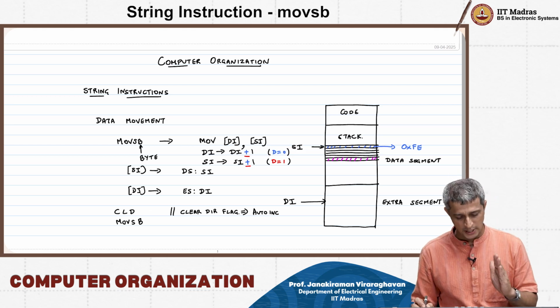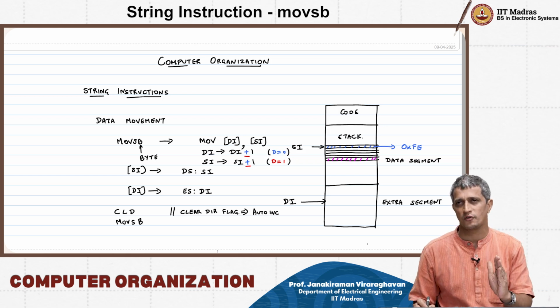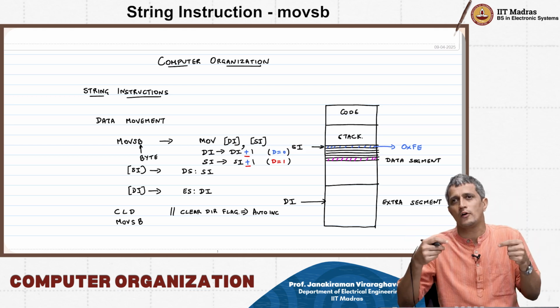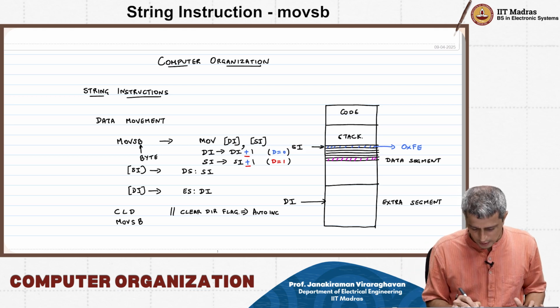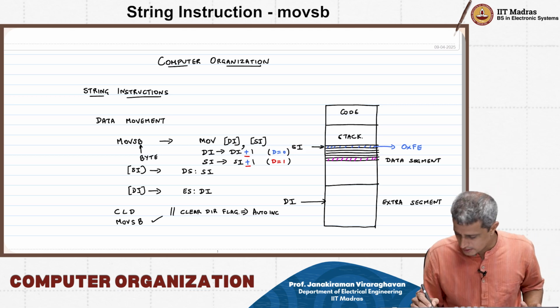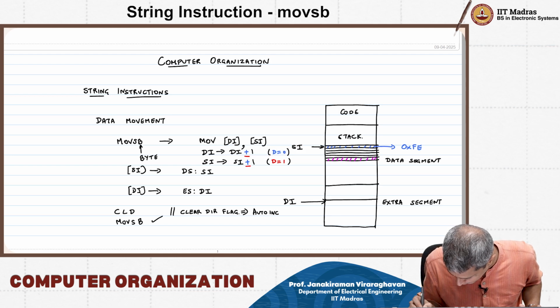So what will happen here is, first the CLD clears the direction flag and it sets the direction of increment in the positive direction. So after the MOVSB is executed, what will happen? Basically, you are pointing to some arbitrary location here, right? And you have this.